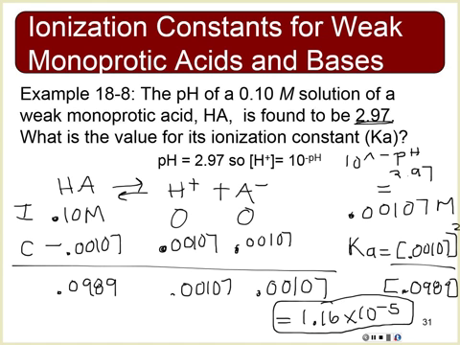So no quadratic formula, nothing more complicated than just using our formula we learned earlier, plugging it in, 1-to-1 ratios, and then plugging it in for Ka, which is products over reactants, not including water.